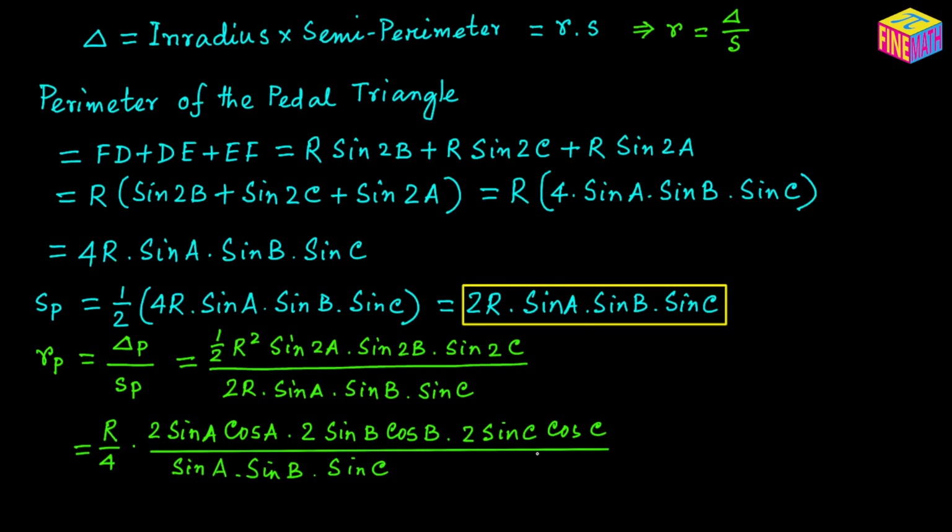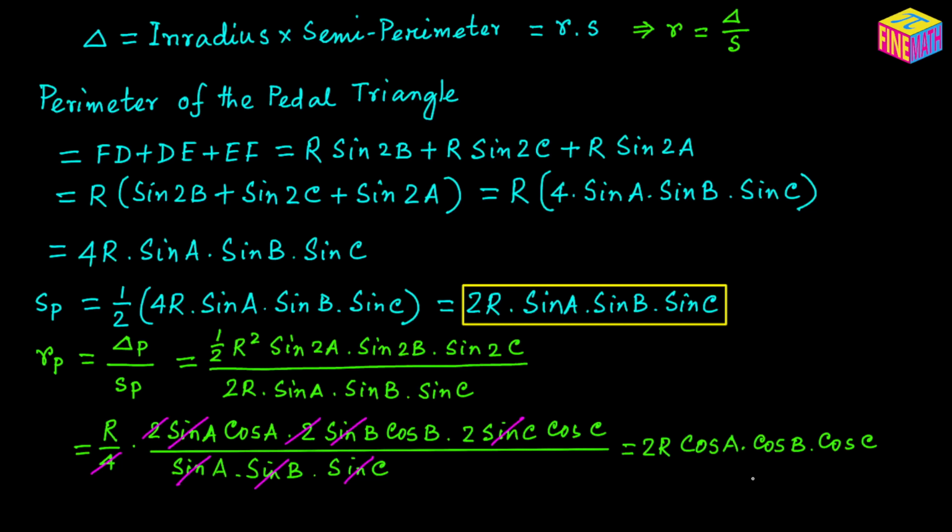Now if you carefully look at it, sine of a will cancel sine of a, sine of b will cancel sine of b, and sine of c will cancel sine of c, and this 4 will be cancelled by this 2 and one more 2. So we are going to be left with just 1 2 right there. So that would be 2r times cosine of a times cosine of b times cosine of c, and that is the formula for the inradius of the pedal triangle.